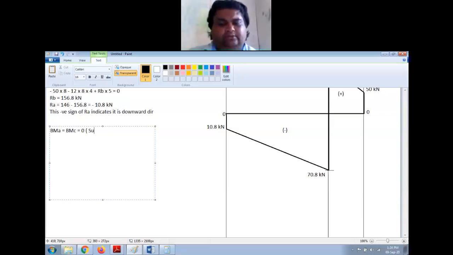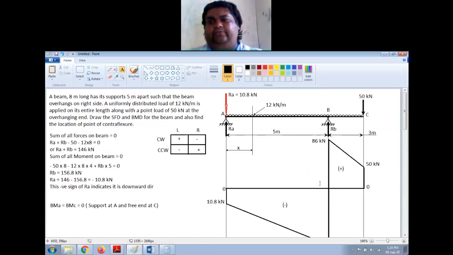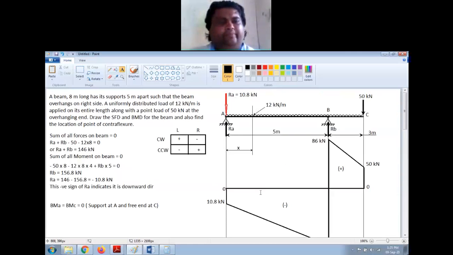Reason: support at A and free end at C. Whenever you have a support or free end, you will have the bending moment equal to 0 at those 2 points. Now you will have to calculate the bending moment at other point, that is B. Right? Now how to find the bending moment at B?